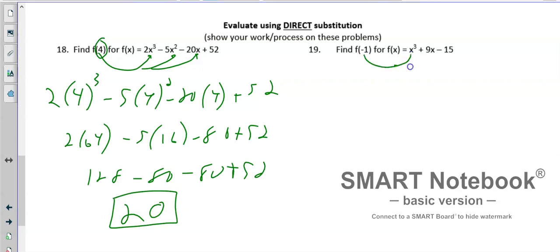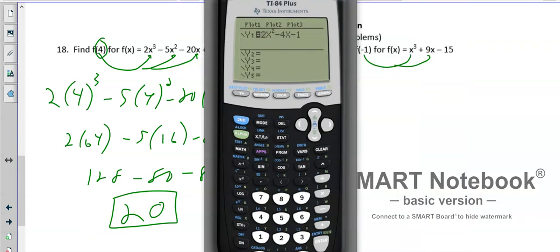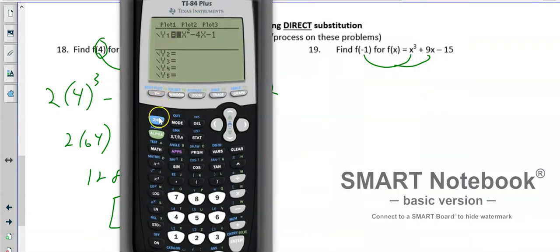Negative 1, we're going to plug in here and here. Now, the shortcut to this that we could have done on number 18 is just go to our calculator and go to y equals, clear out whatever's in there, and put whatever you have. So in this case, x to the third power plus 9x minus 15.